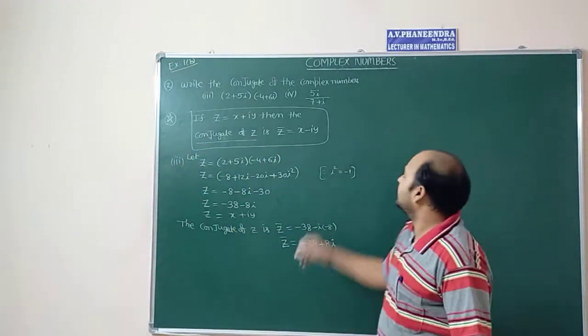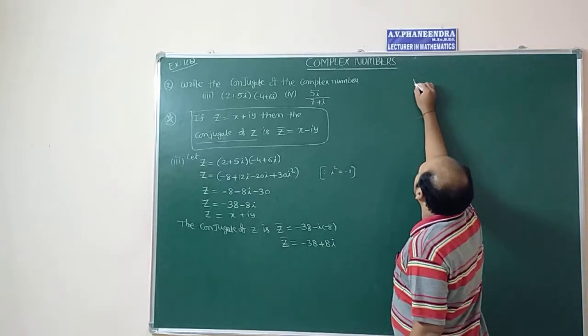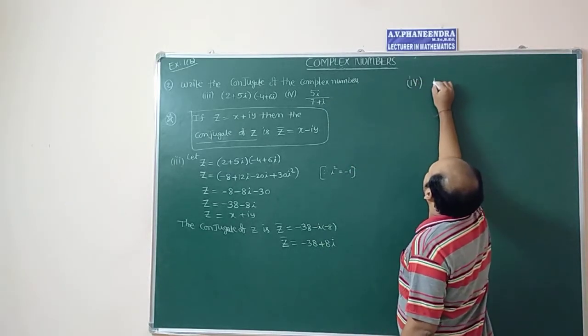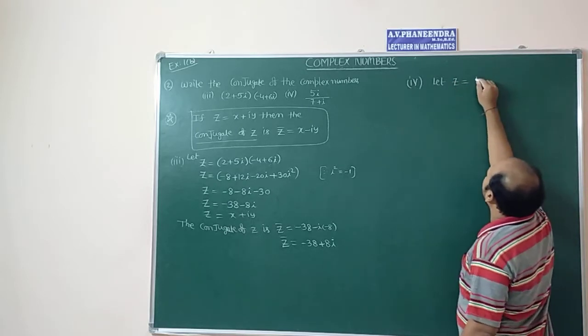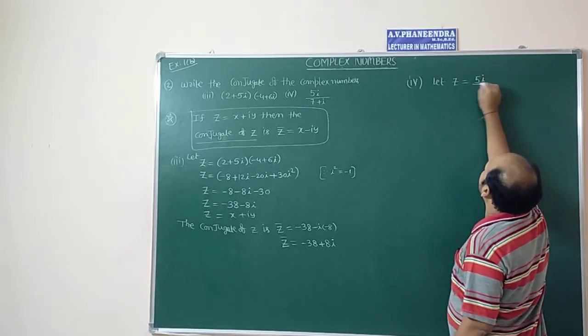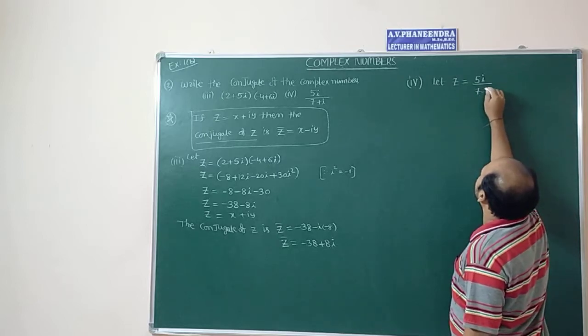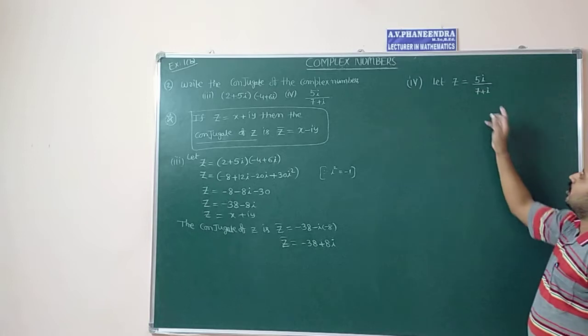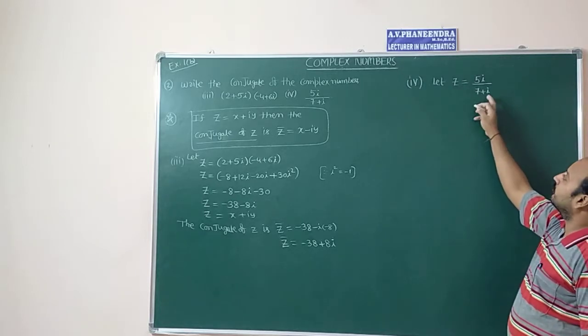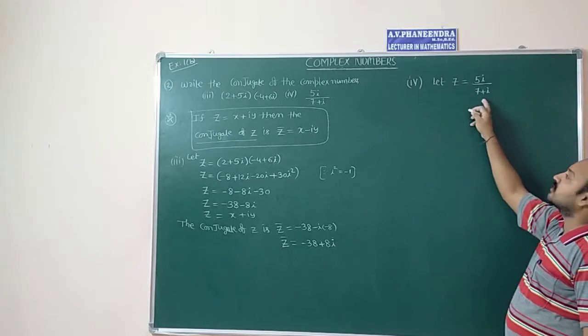Come to the fourth one, Roman numeral 4. Let z is equal to 5i divided by 7 plus i. First, you have to multiply and divide by the complex conjugate.